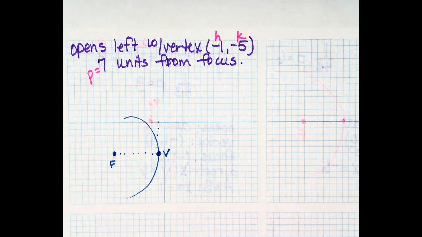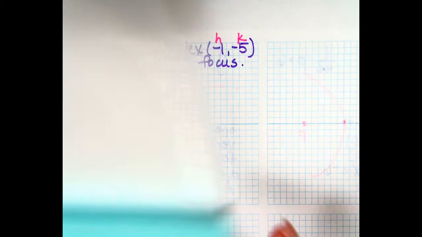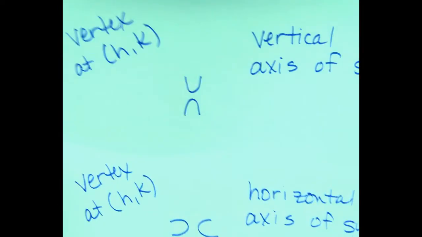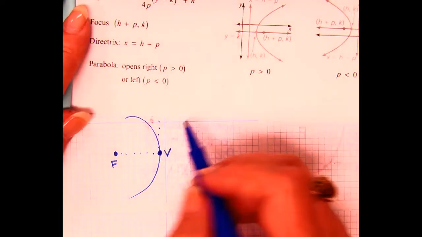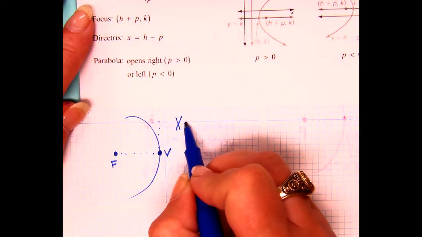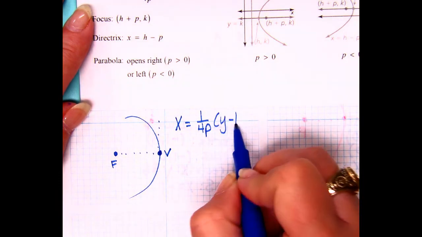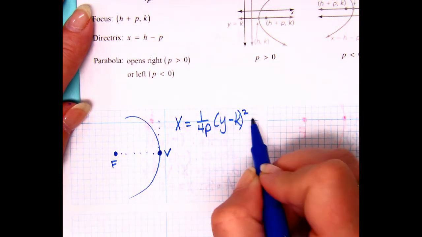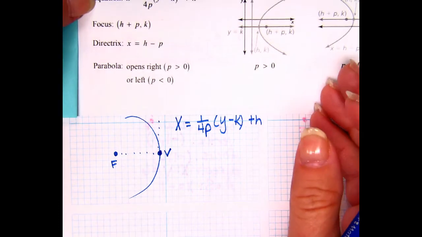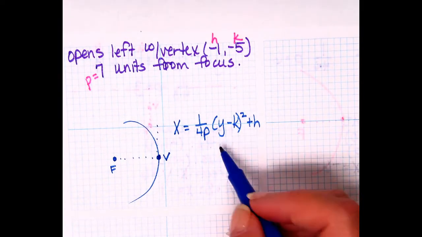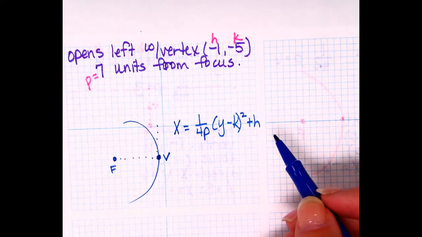Okay. So this time I'm using one of the bottom two, right? And I know it opens to the left, so I'm using the very bottom one, don't I? So I've got x equals 1 over 4p times (y minus k) squared, plus h. Guys, don't I know all this stuff already?